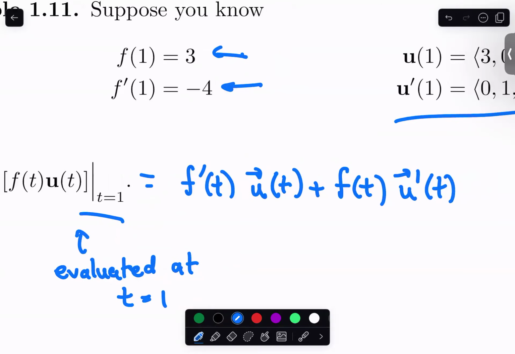And again, we want to evaluate this all when t is equal to 1. So let me go ahead and erase my t's here and plug in a 1 everywhere I saw a t.